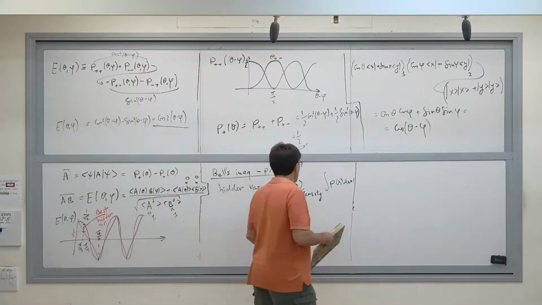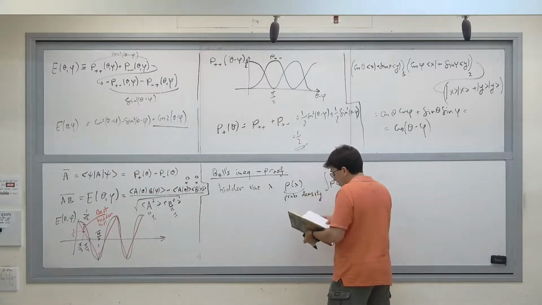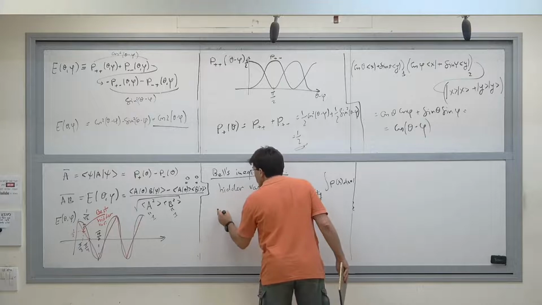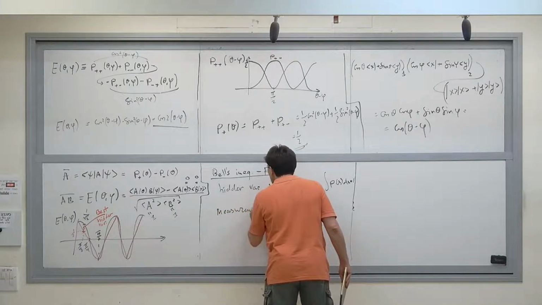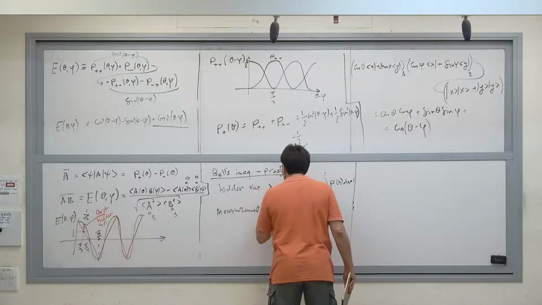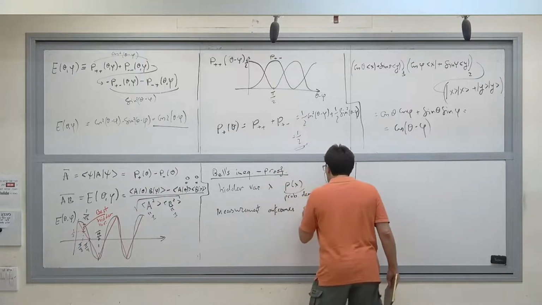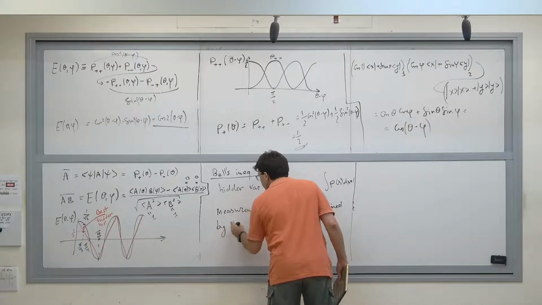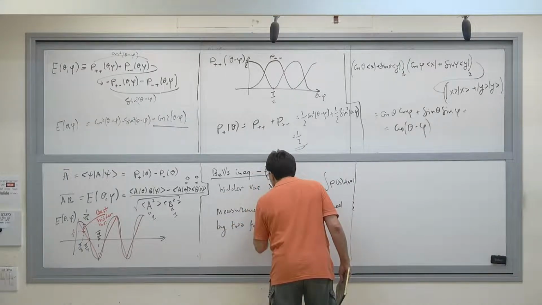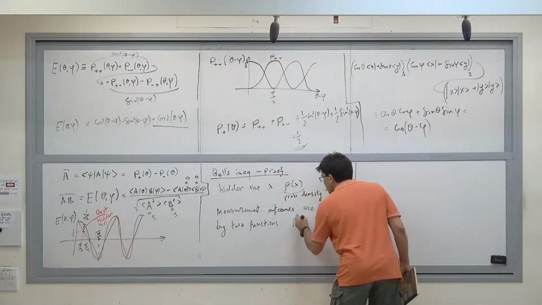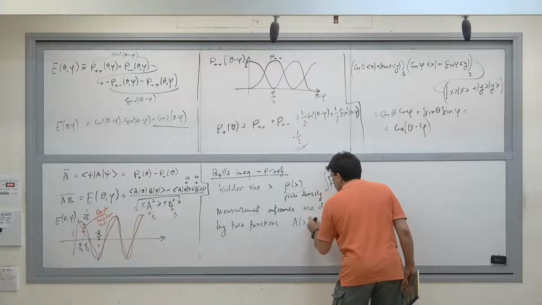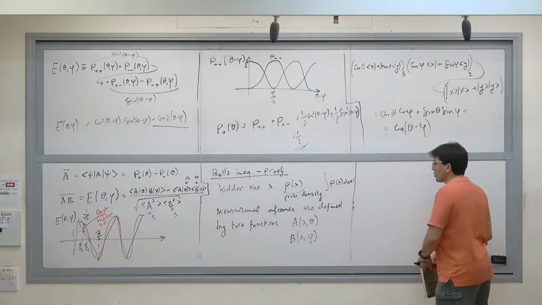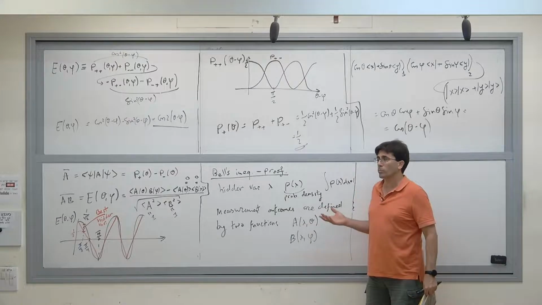Okay? So if it's a hidden variable, then this means that the measurement outcomes are defined by two functions. Let's call them A of lambda and theta, and B of lambda and phi. These functions can be either plus or minus 1.